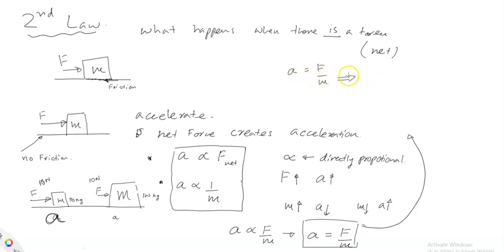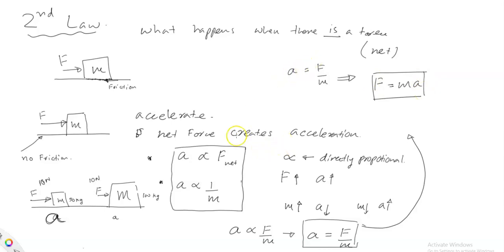But the most familiar form of this equation is we take this m to the other side and leave F on the left side, just cross multiply and switch the terms. Then we have F equals ma. So this is the famous Newton's second law. Force equals mass times acceleration.